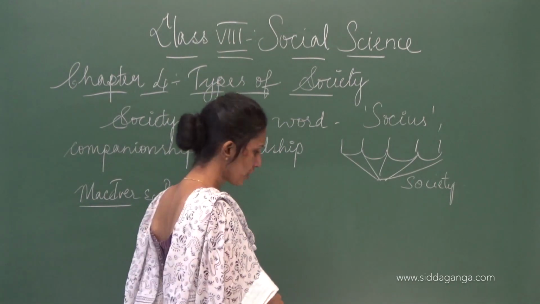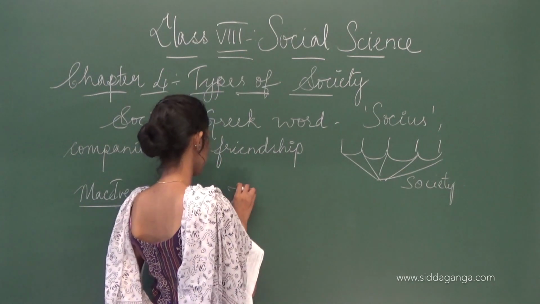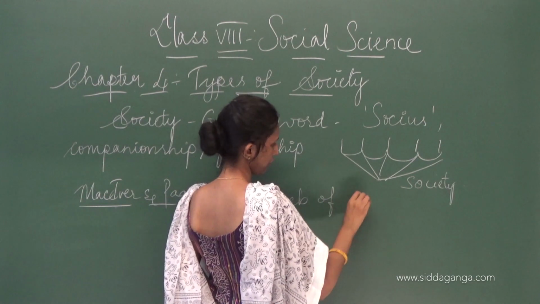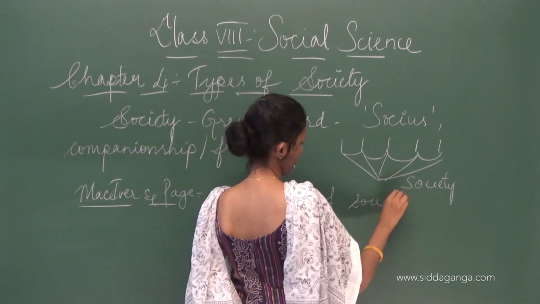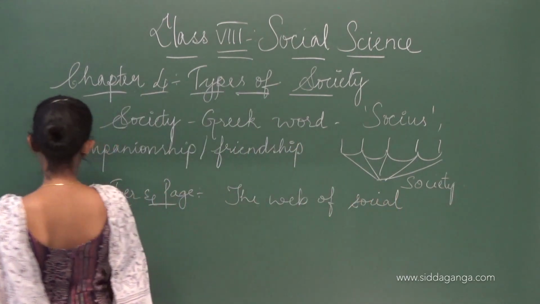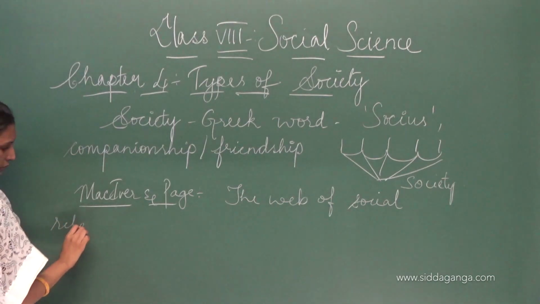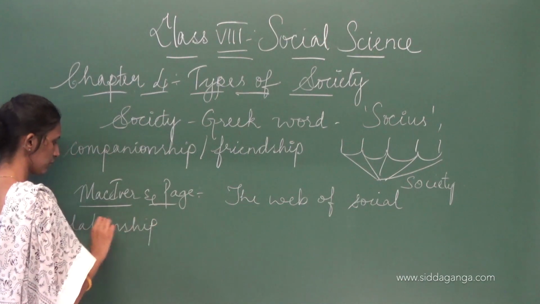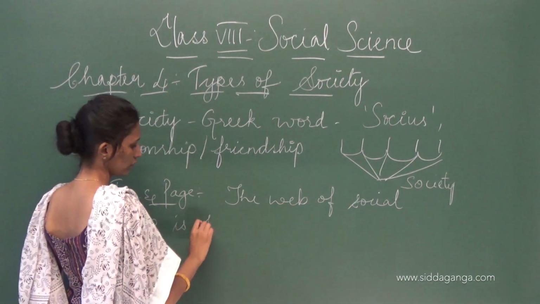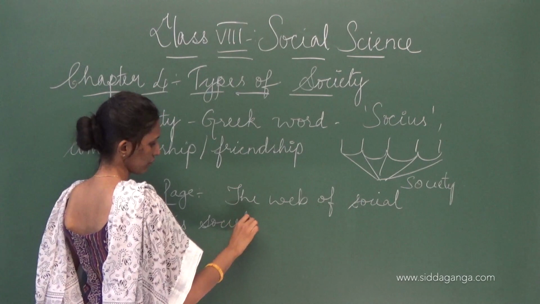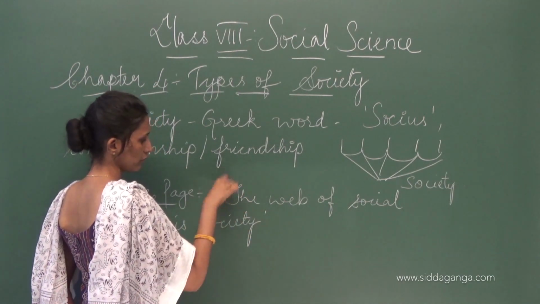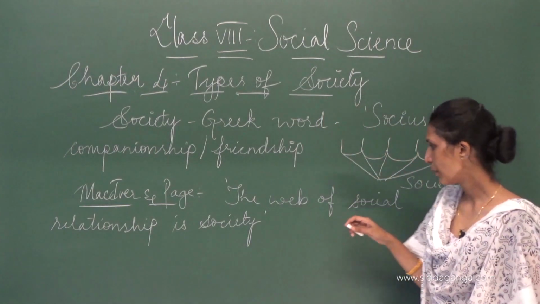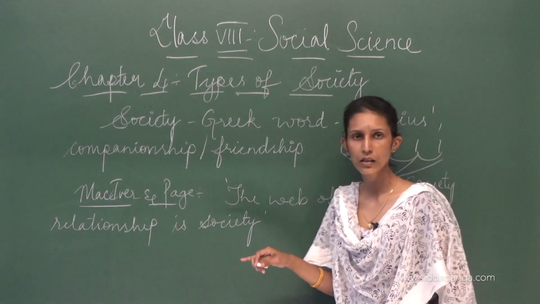The web of social relationship is society. Okay, the first definition that they have given is the web of social relationship is society.